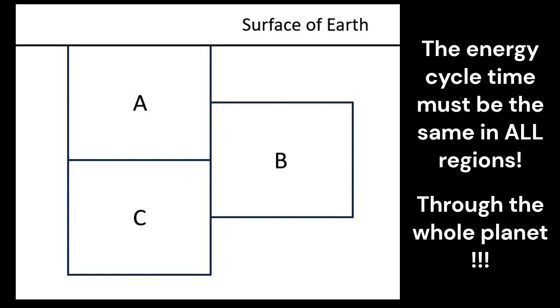But the important fact here, the thing I realized, is that in all of these regions, A, B, and C, the cycle time will be equal. The cycle time in the lower half of A will be the same as the cycle time in the upper part of A. But because B has that relationship to A and B has that relationship to C, that means that the cycle time in A and in C will also be equal.